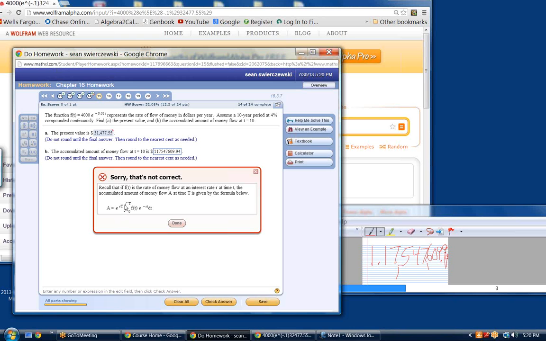It's e to the RT, not minus RT. So we need to take e to the 0.04 times 10. So e to the 0.4 times that number. Let's do it again.